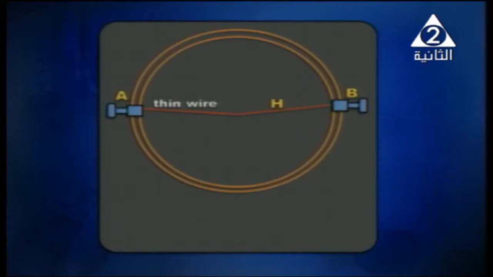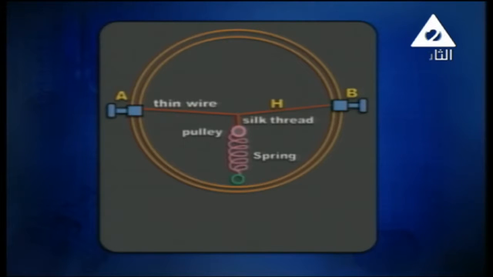Also, we've got silk thread. One end of the thread is tied to the middle of the resistance wire, and the other end is wound around a pulley and fastened to a spring, as shown in front of you.